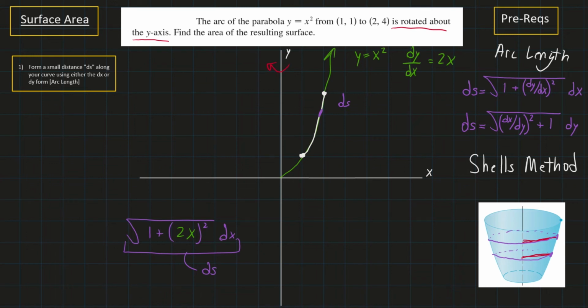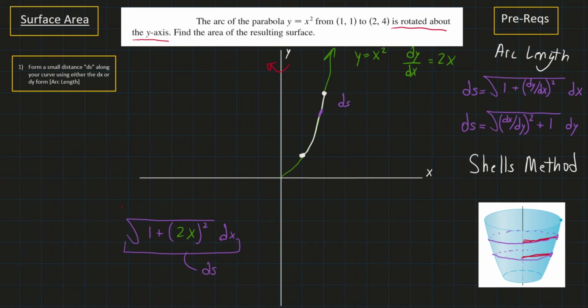This is exactly what we were doing in the shells method, that 2 pi r that we're using to swing that tiny rectangle around the axis. Same here, but we're swinging basically a tiny length, ds, around some axis to create a hoop of length. And we want to add up all these hoops, these purple hoops over here, to create my total surface area.